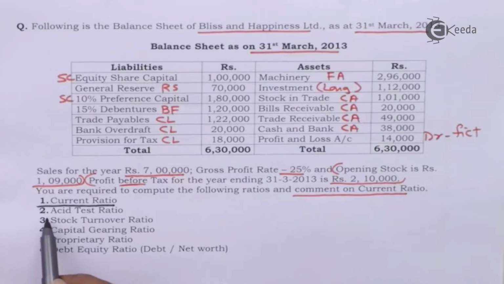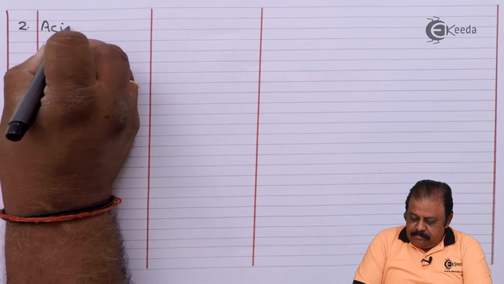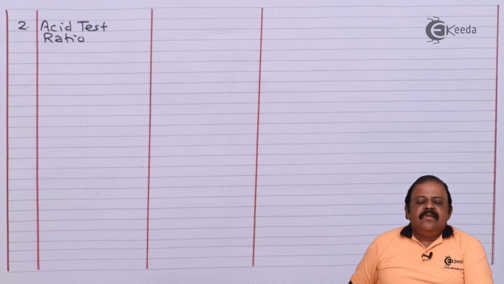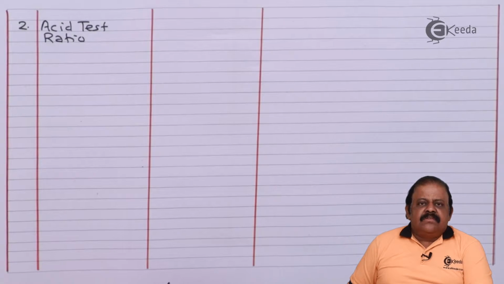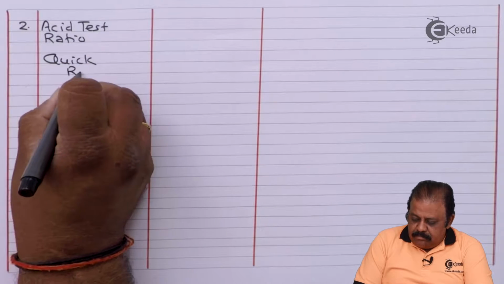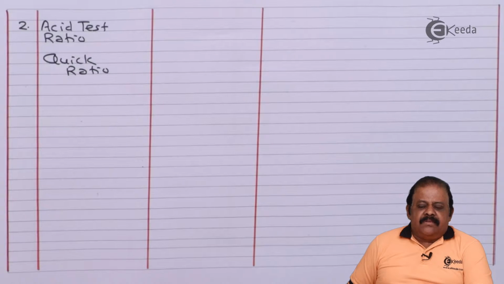Next we have acid test ratio. Acid test ratio means quick ratio. This ratio shows the short-term liquidity position of the company.